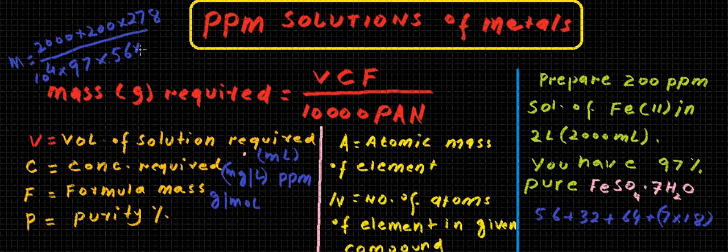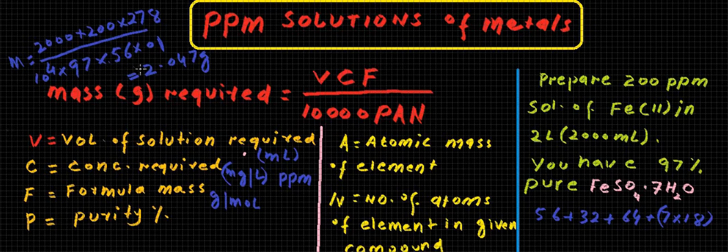And N is the number of atoms of that element in that given compound. So iron here is 1 atom, so we will put 1 here. If it was 2, then we would have to put 2 here, and that result came out to be 2.047 grams.